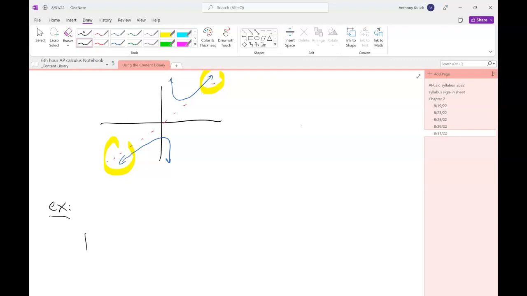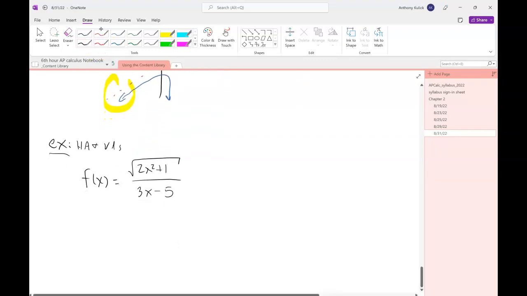So let's say that we have this function, and we're looking for the HAs and the VAs. And we're doing this with our limits.